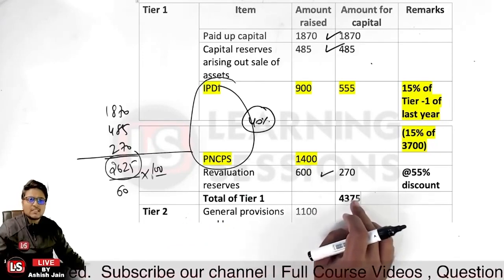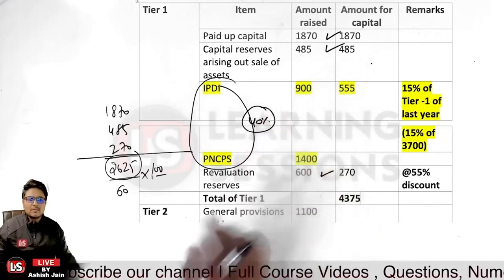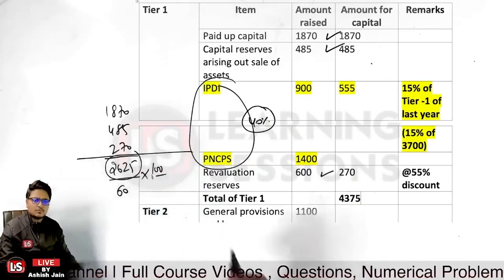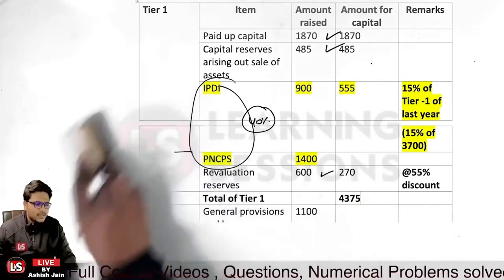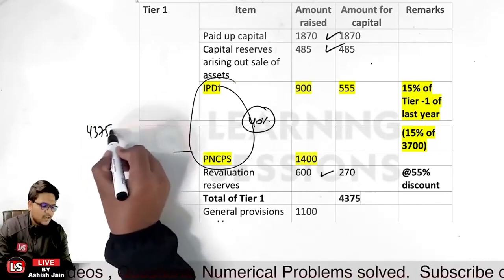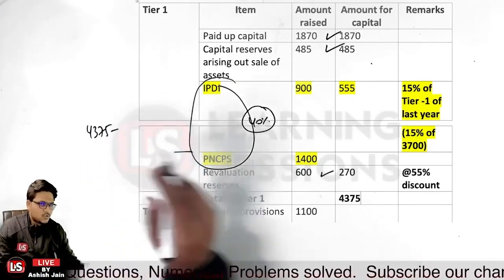So what is the maximum part of the IPDI plus PNCPS? It will be 4375 minus 2625.